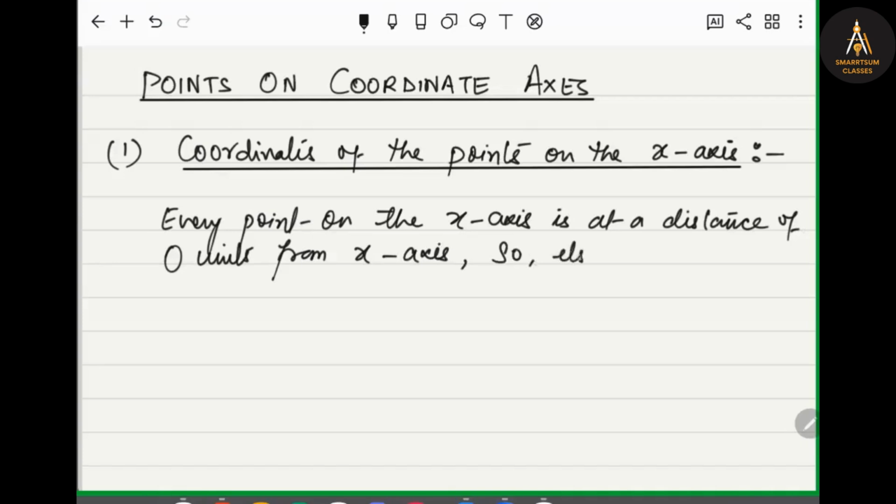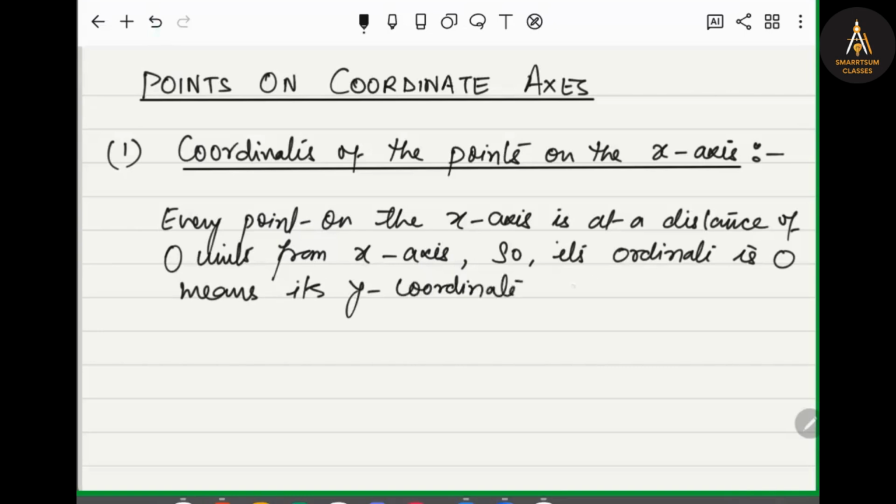Its ordinate is 0. And what is ordinate? Ordinate is the y coordinate. Are you getting that? Means its y coordinate will always be 0.